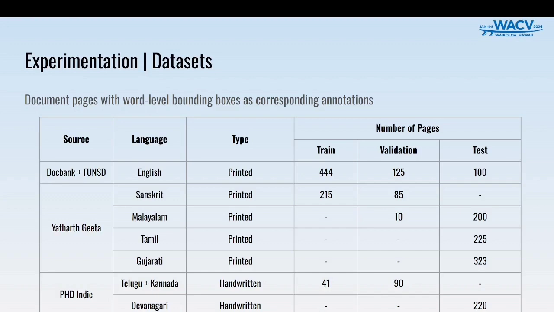Because we are trying to perform text detection in a multilingual setup, we have a plethora of documents of English language as well as Indian languages, and different modalities as well, printed and handwritten. We have a lot of training sets, validation sets, and corresponding test sets on which we report the performance of Textron.